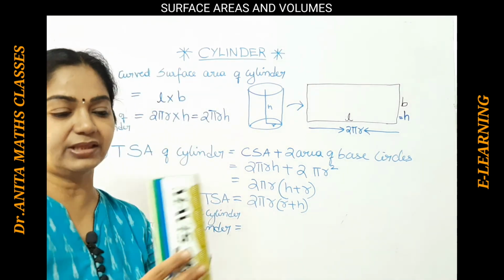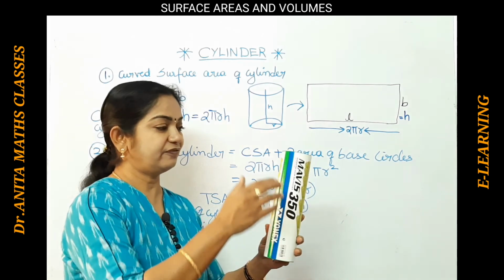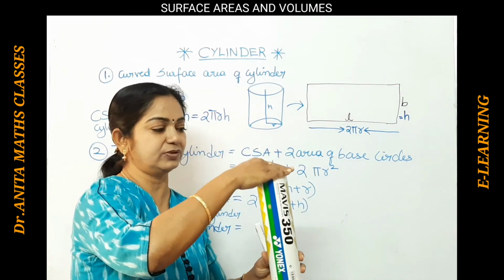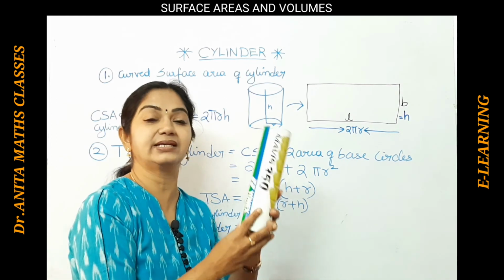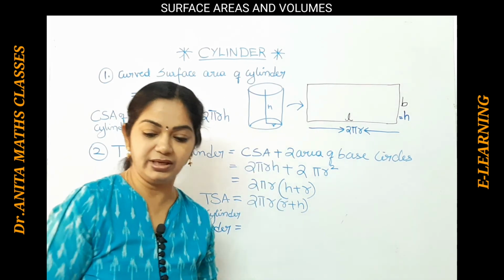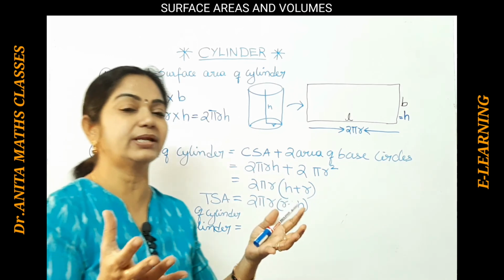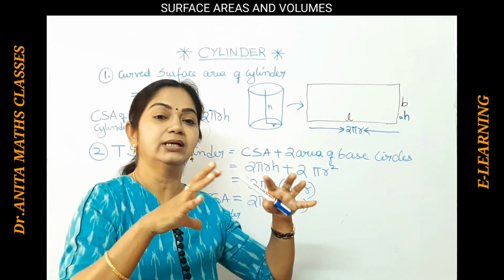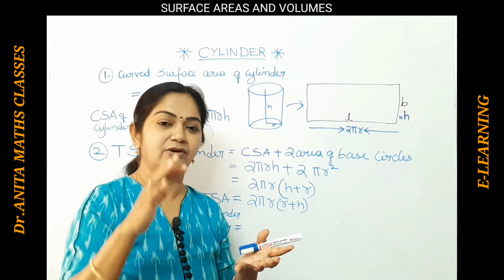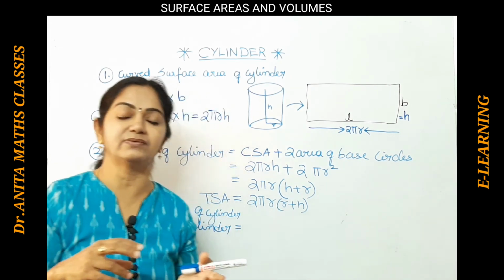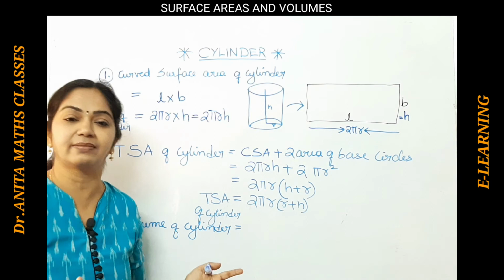Or else, if I take the same thing, the shuttlecock one, and pour sand completely into it, how much sand it contains, that is called the volume. Or the water tank: how much water it contains when it is filled up, that is nothing but the volume.